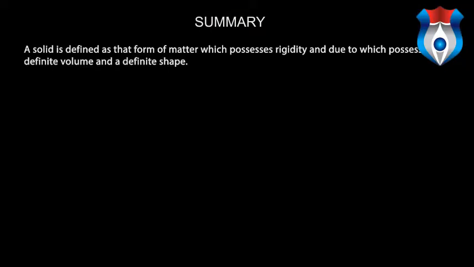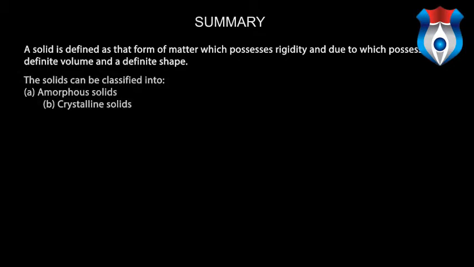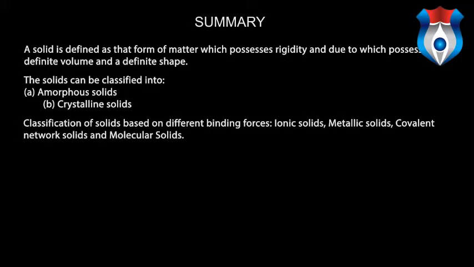Now in the end, let us summarize what we have learned in this lecture. A solid is defined as that form of matter which possesses rigidity and, due to which, possesses a definite volume and a definite shape. The solids can be classified into amorphous solids and crystalline solids. Classification of solids based on different binding forces: ionic solids, metallic solids, covalent network solids, and molecular solids.